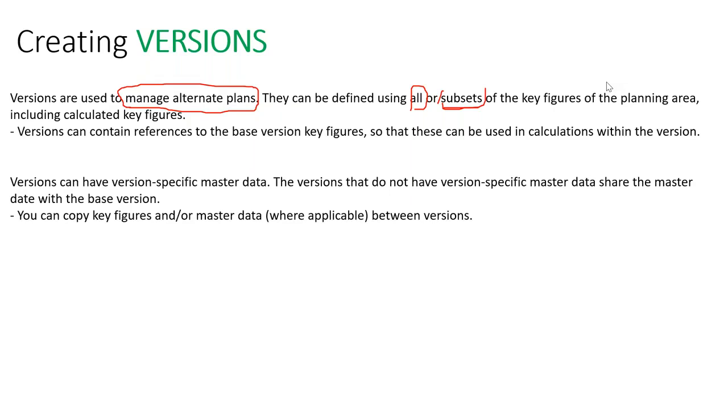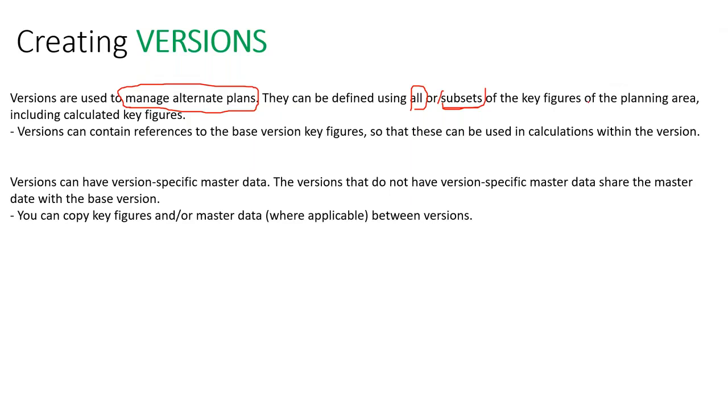If it is just a generic version, where I'll have generic alternate plans, one pessimistic, one optimistic, etc., then that's fine. But usually they create versions for specific use cases, like, for my maintenance activity I'll create this version so that I'll do a lot of simulations, a lot of changes in my maintenance plan. Then obviously you'll bring only those maintenance related key figures. There's no point of bringing statistical forecast and alpha and beta and stuff, right? So that's why I'm saying a subset of key figures.